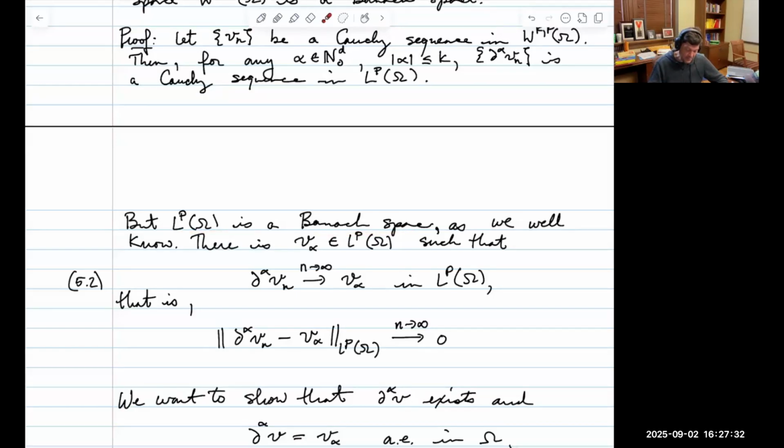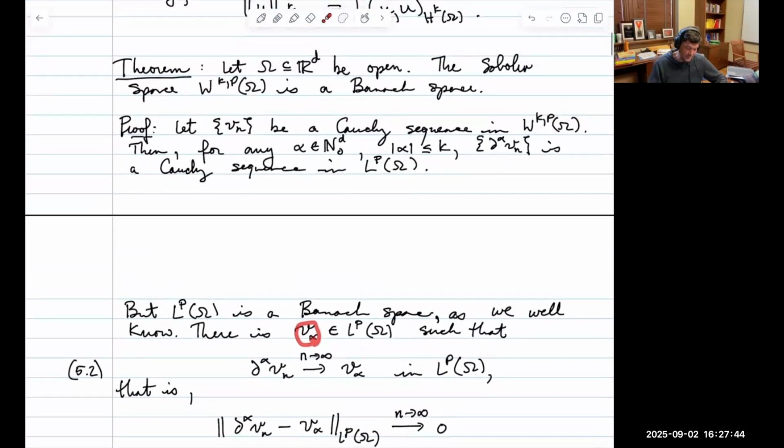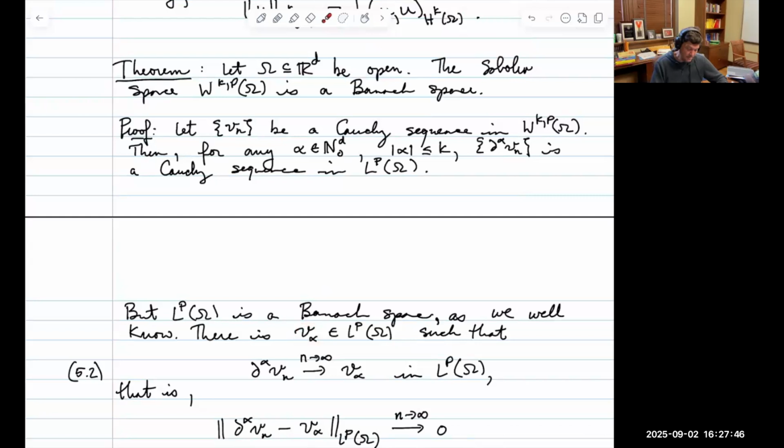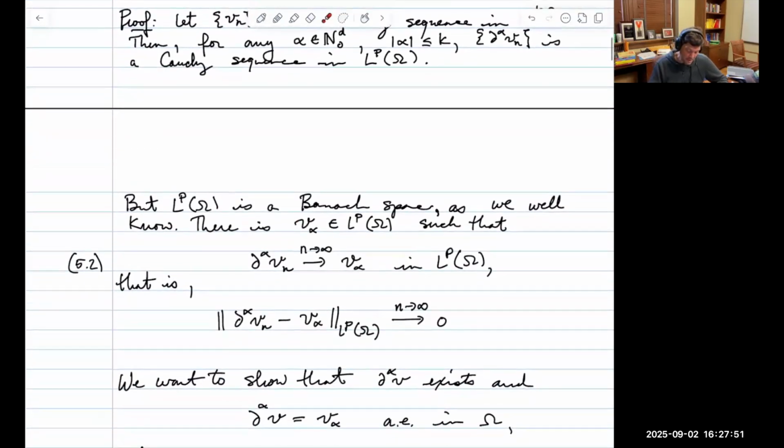So for each one of these sequences, there exists a function which I'm going to call V sub alpha. Now this might not have any relation at all to the original sequence.